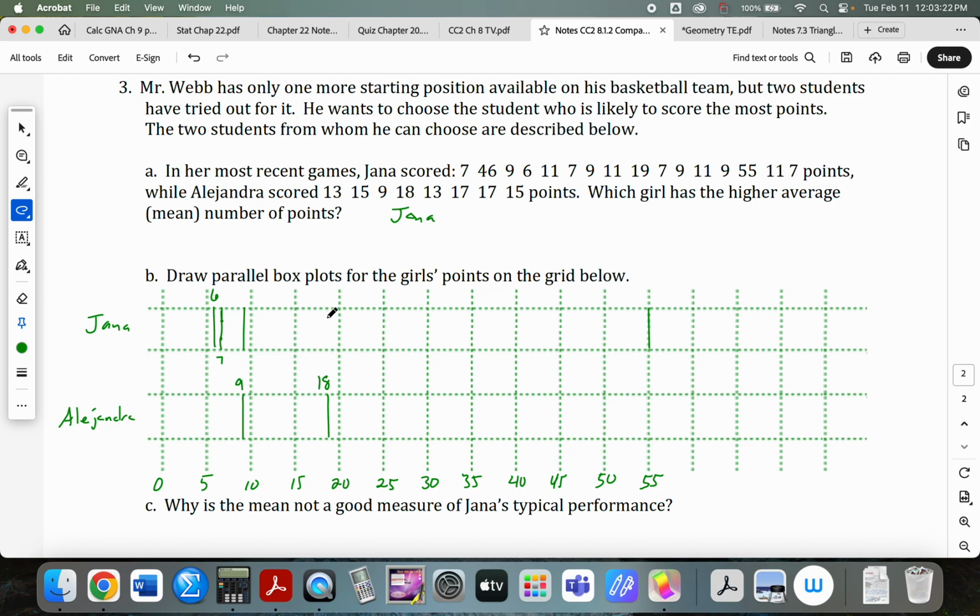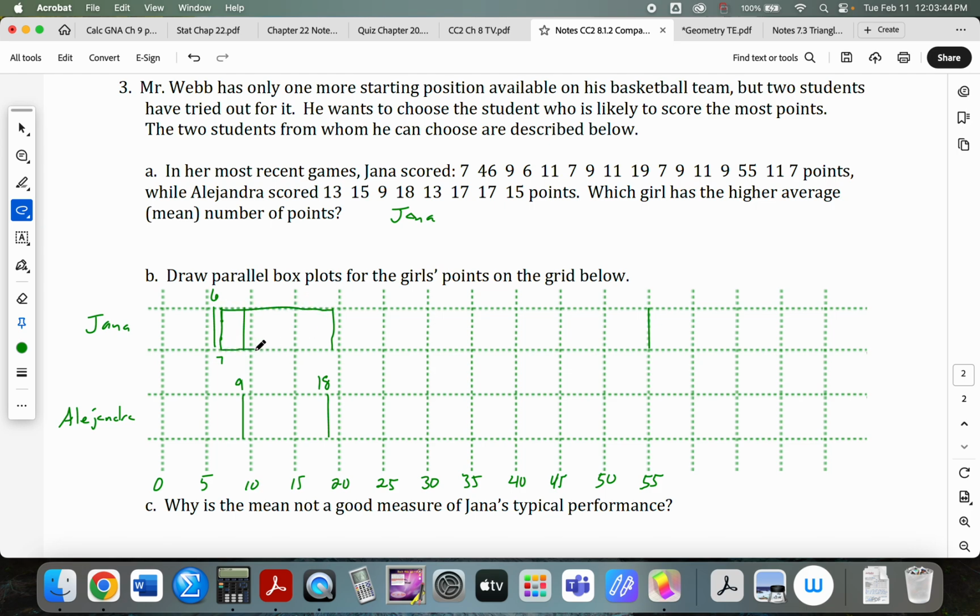The third quartile was 19. And then the maximum was, of course, 77. That's not right. What was it? 55. I accidentally typed in the wrong number, but I don't think it affected anything.